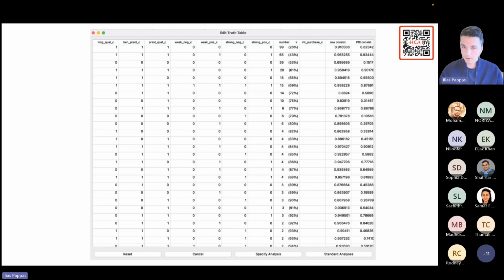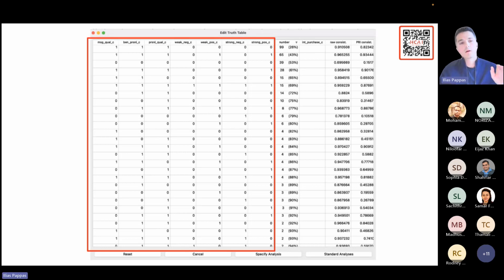So every line here is a possible combination. And the ones and the zeros, they represent presence and absence. So top left corner, message quality, it is a 1. It means that, how I read that, I say that the presence of message quality and the presence of benefits of personalization and the presence of personalization quality, with all the other conditions on that line being 0, so absent.